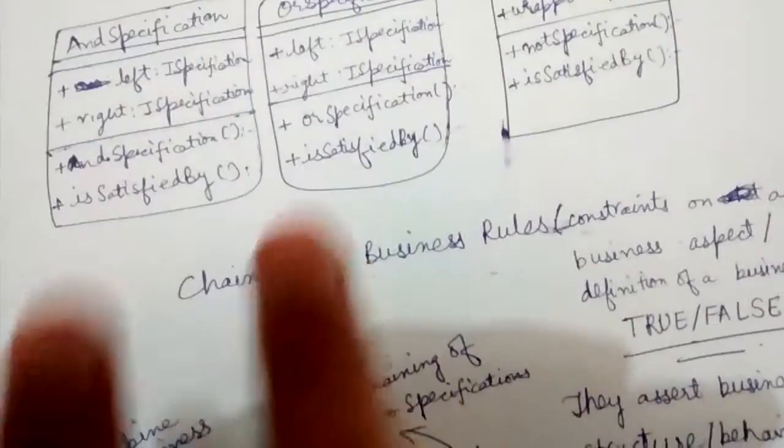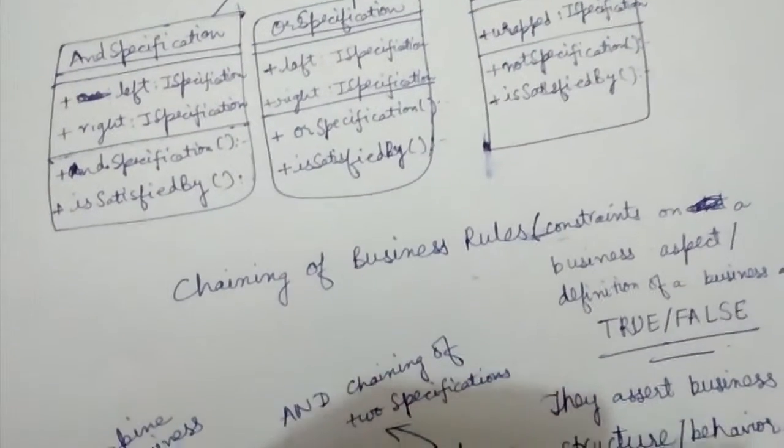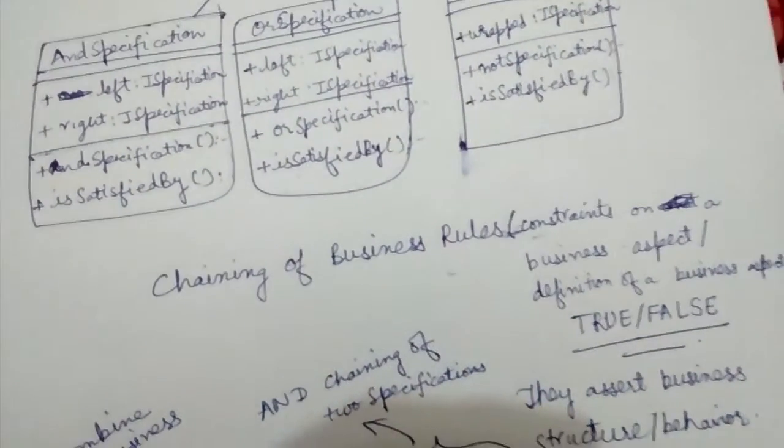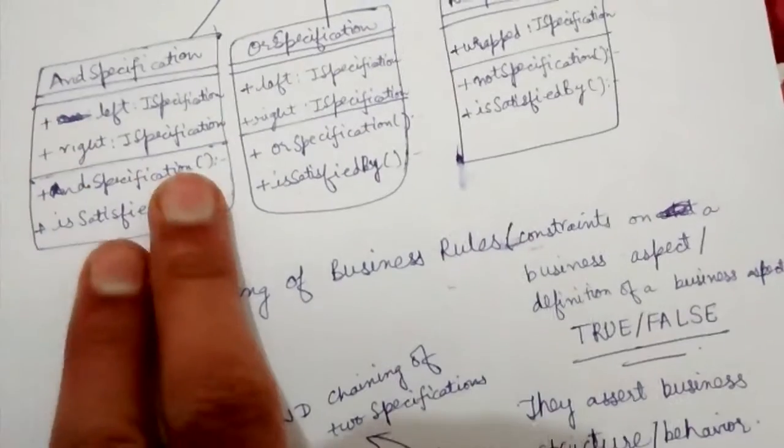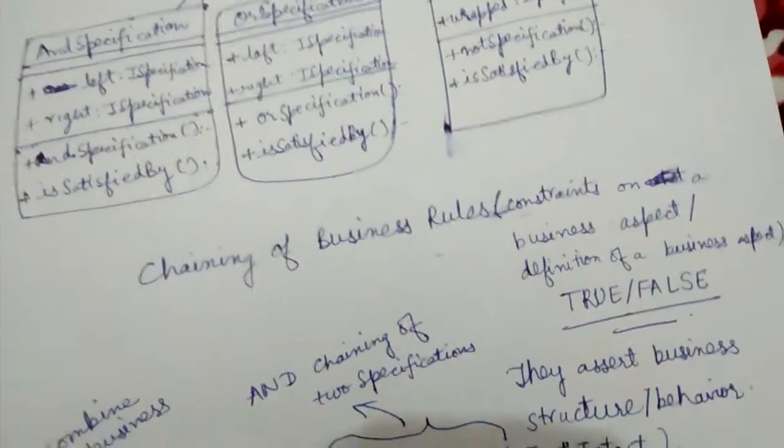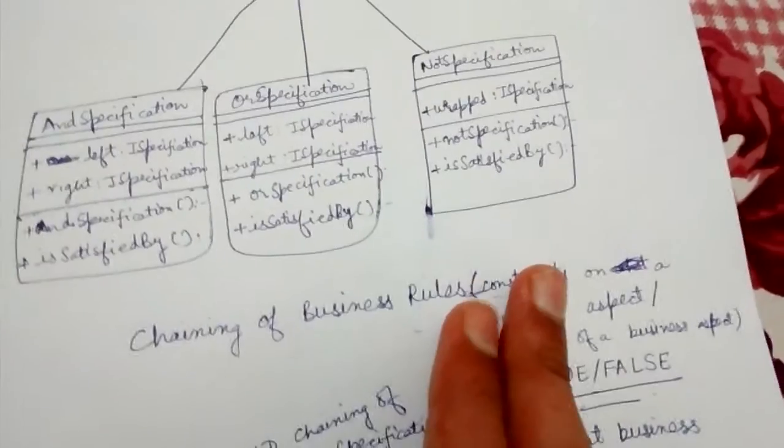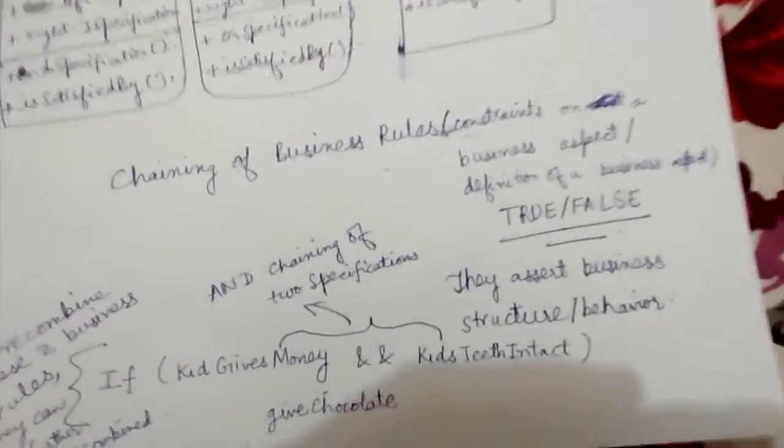So this is basically the chaining of business rules. AndSpecification chains the business rules in a form where both of them must be true, and only then is my final specification true. Similarly for or and not, you can guess.